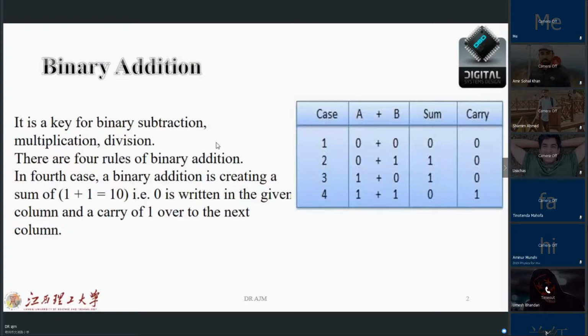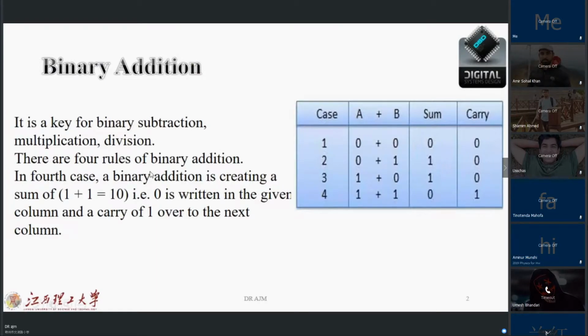There are four rules for binary addition, as you can see here. 0 plus 0 is 0, 0 plus 1 is 1, 1 plus 0 is 1. The only difference is here: 1 plus 1 will have a sum of 0 and a carry of 1. The only difference between our routine arithmetic addition and the binary one is this part that you can see here.